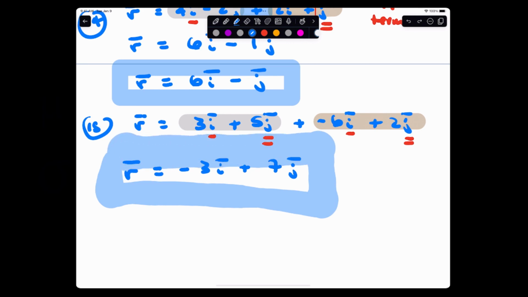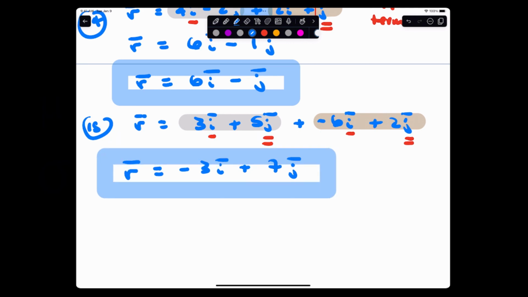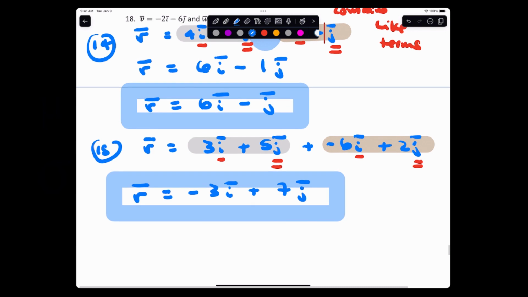And there's your resultant vector. So this is why you care about the ij form. All right, you guys okay with that? 14 and 15 here?